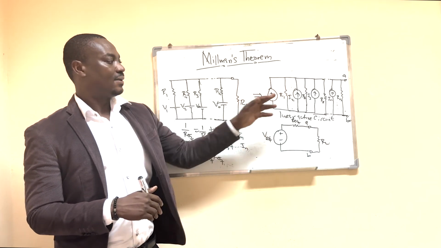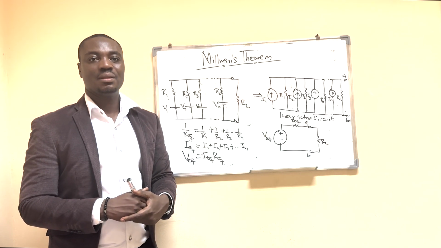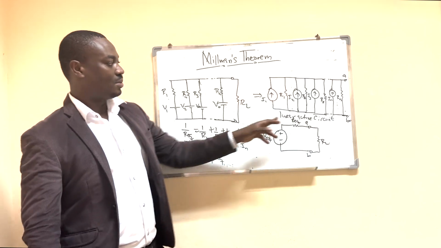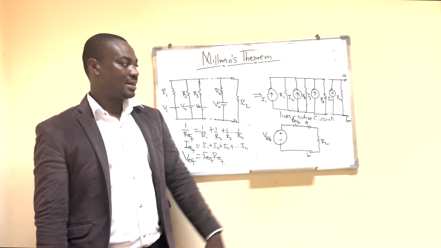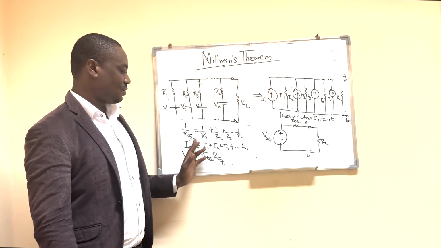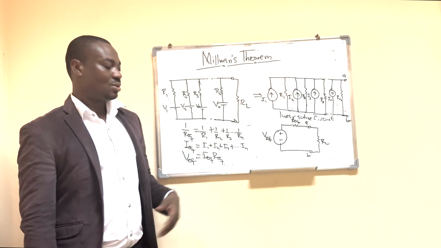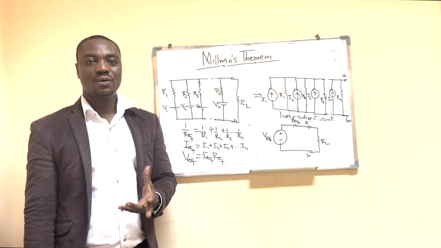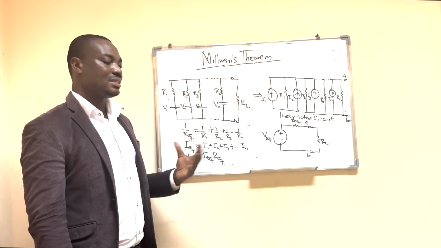All these are going to be in parallel. So R1 will be in parallel with R2, then R3, up to the nth resistance. Then you can get the equivalent resistance using the formula for parallel connection of resistance.